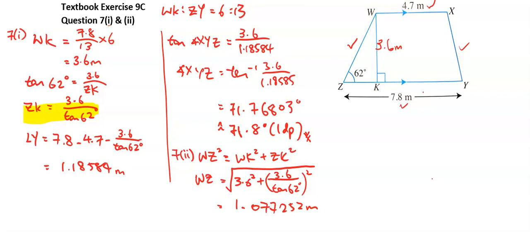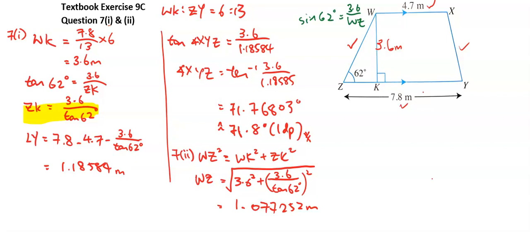In my PDF solution, I actually use another method to get WZ, which is making use of 62 degrees and 3.6. 3.6 is opposite of 62, so you can form sine 62 degrees equals 3.6 over WZ to find this hypotenuse. This is another way. You should get the same answer for WZ as using Pythagoras theorem.